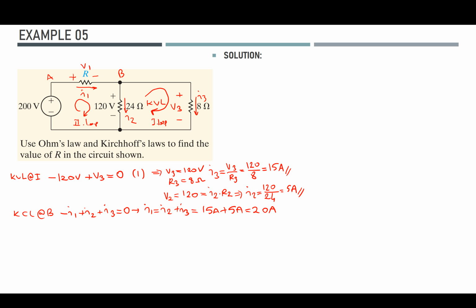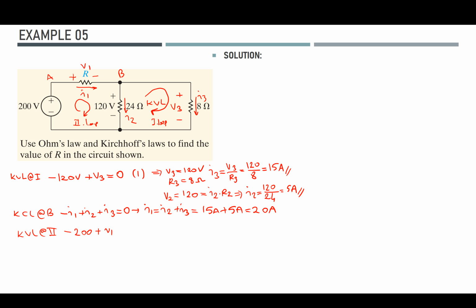Since I'm rotating clockwise and I encounter the minus sign first, if I write my KVL for the second loop, it's going to be minus 200 volts of this voltage source, plus V1, because I'm rotating in the same direction and the reference directions are the same.